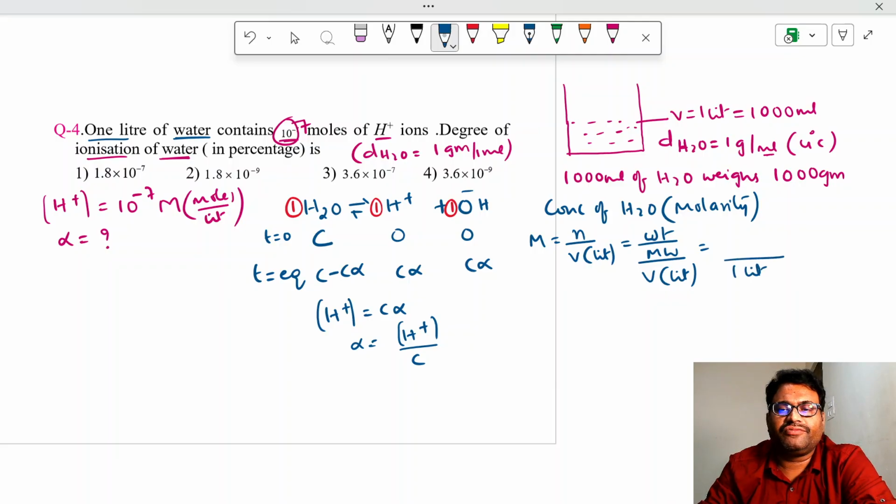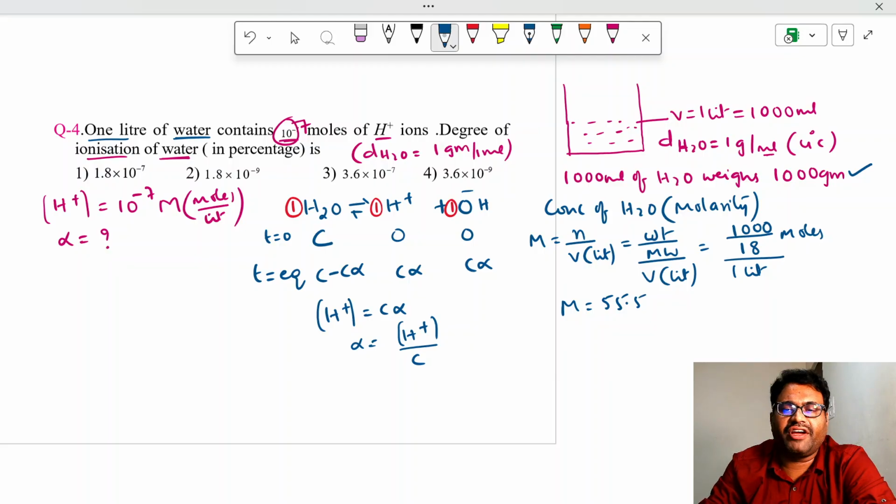In 1 liter volume, how many grams are there? 1000 grams. 1000 grams by, what is the molecular weight of water? 18. So what molarity do we get? We get 1000 by 18, which is equal to 55.555. We can take 55.56 molar. So now calculate alpha.